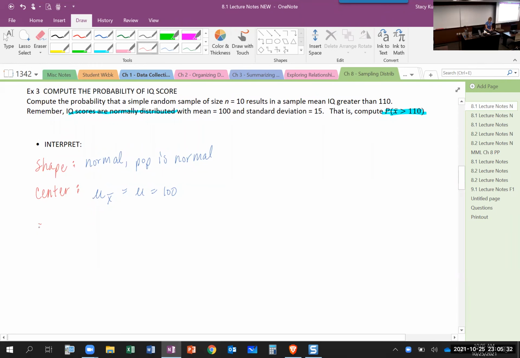And then our spread comes from the standard deviation of the sample means, and that was equal to the standard deviation of the population divided by the square root of n. The population's standard deviation was 15. The sample size we're using is 10.